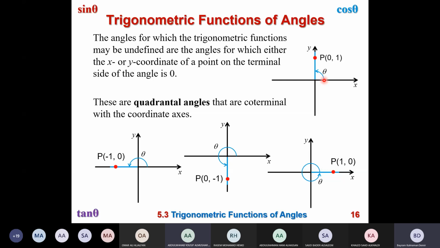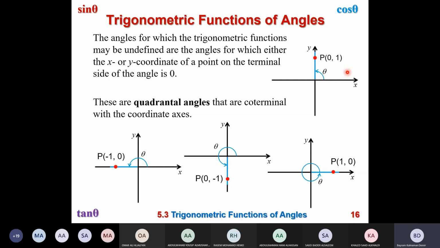What is r in this? r is the distance from the point to the origin. So what do you think? What is the r here? 1. Exactly. So if you choose this easy point like 0, 1, then r will also be 1. Now x is 0, y is 1, and r is also 1. So we can calculate sine and cosine of 90 degrees easily, because we know x, y, and r.